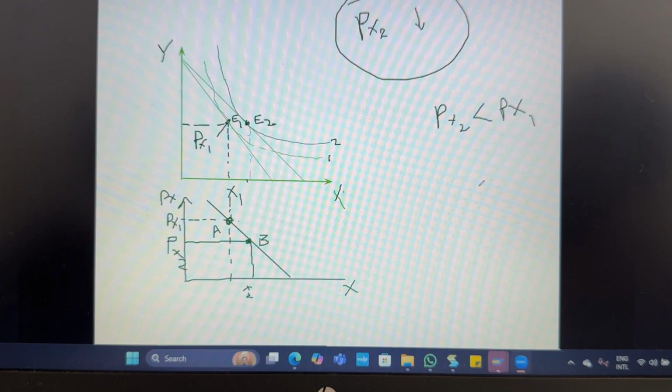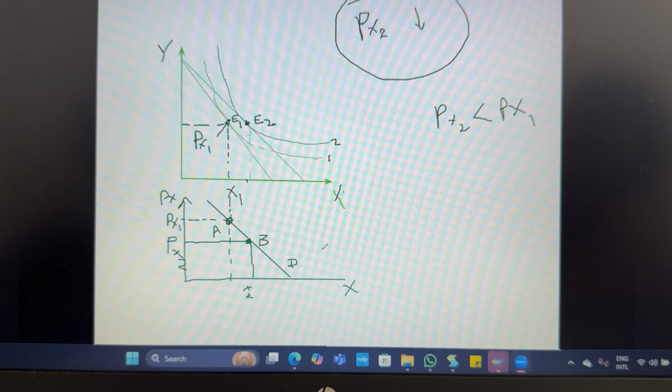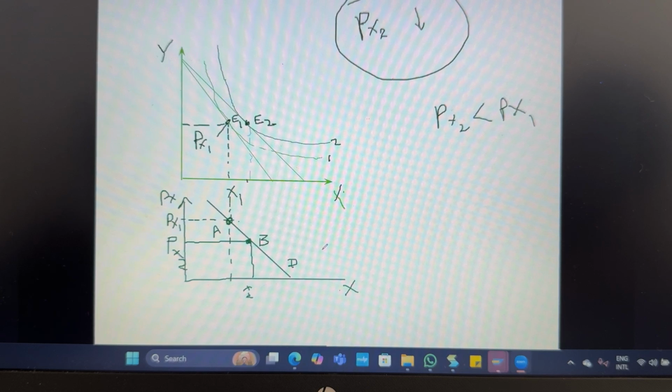Yes, this is what I am expecting. You name this curve as demand, D. So now I am asking everybody, can you construct the demand curve for a commodity with the help of indifference curves?